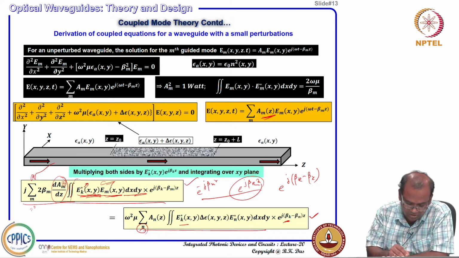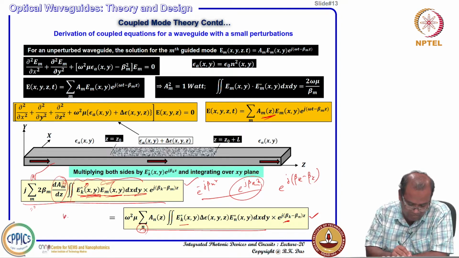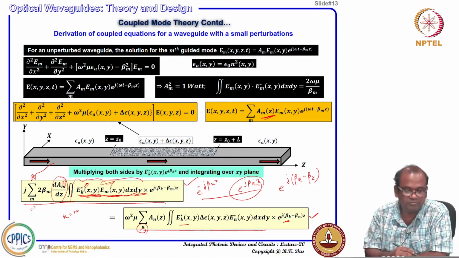But if you concentrate only on this integration, you know what this value is: when k is exactly equal to m, then only this factor will survive.